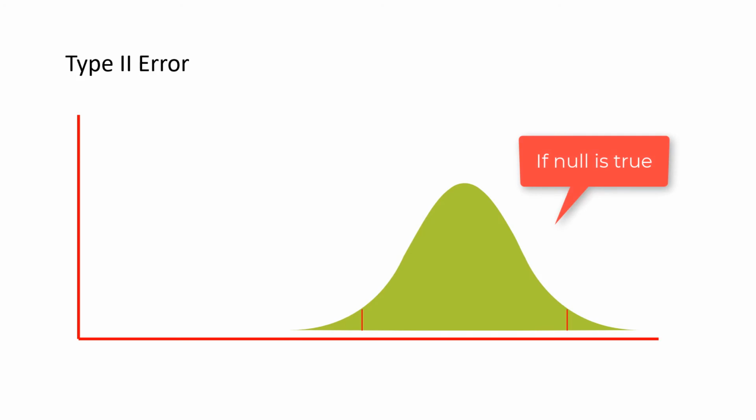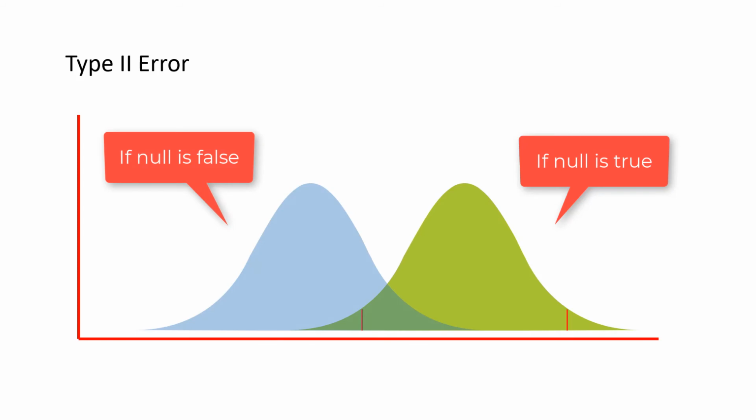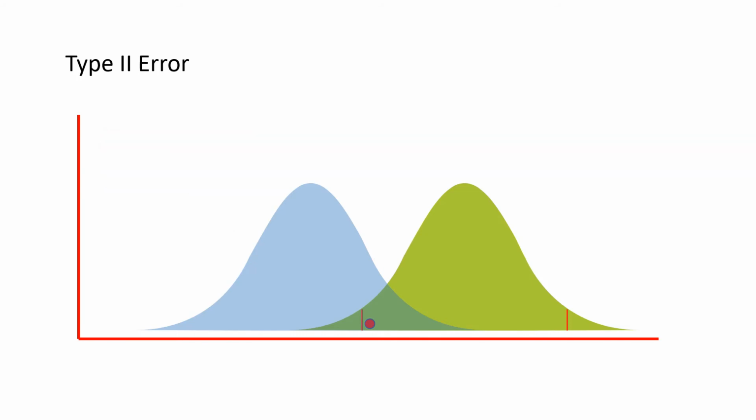If it's false, and in fact teachers actually do make less if they graduated from a non-accredited school, the sampling distribution will look like this. So we draw a sample and find its mean is located here. With this sample mean, we'd fail to reject the null hypothesis. But this turn of events is called a type 2 error. A type 2 error occurs when we fail to reject a null hypothesis which is in fact false.